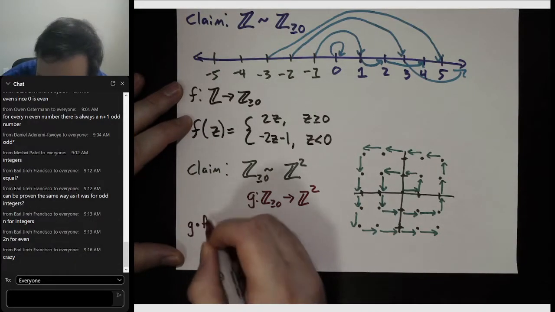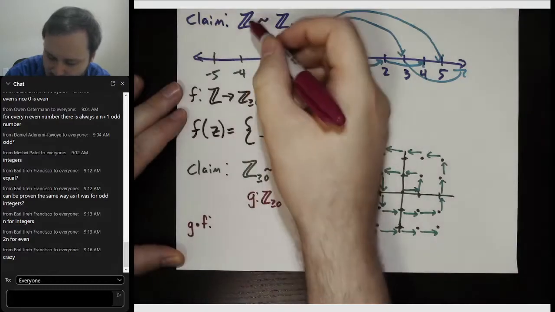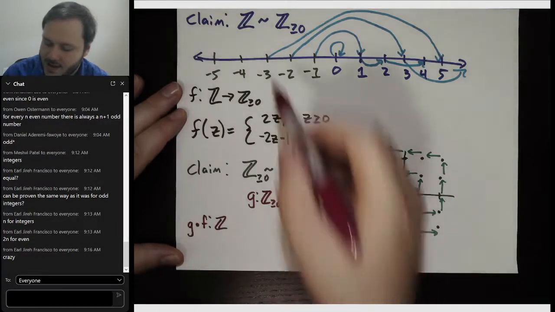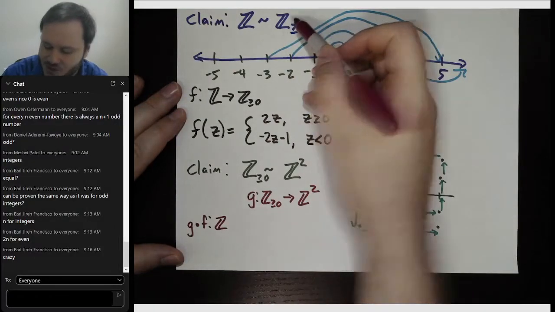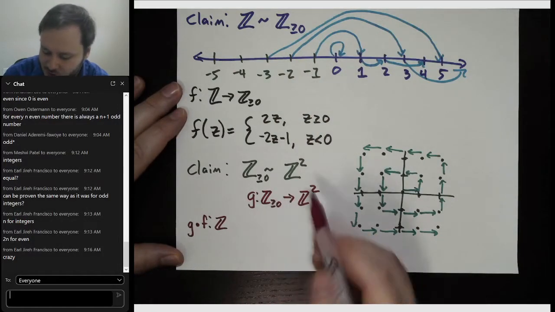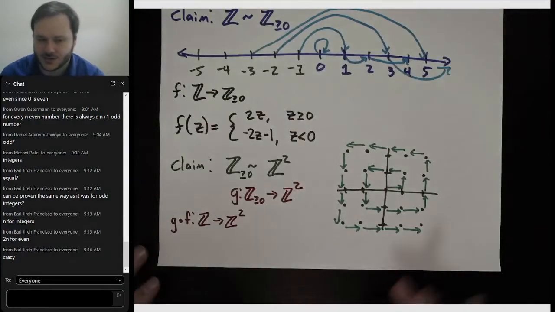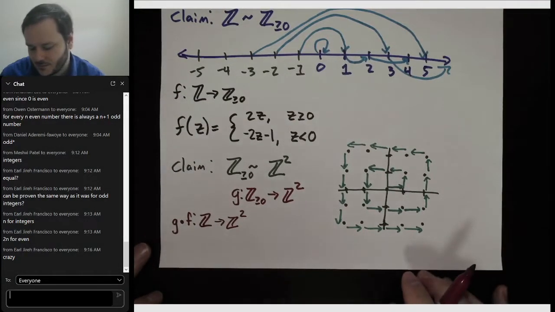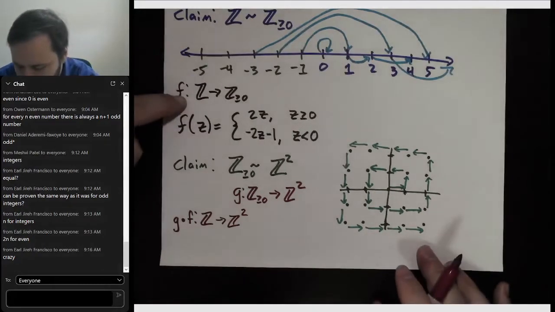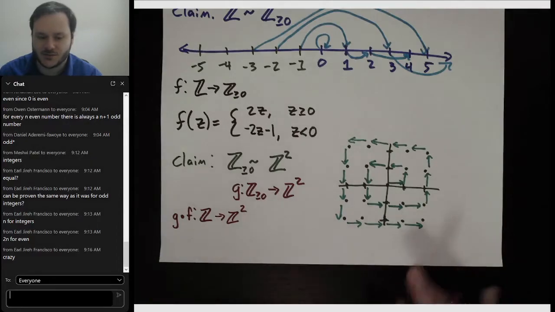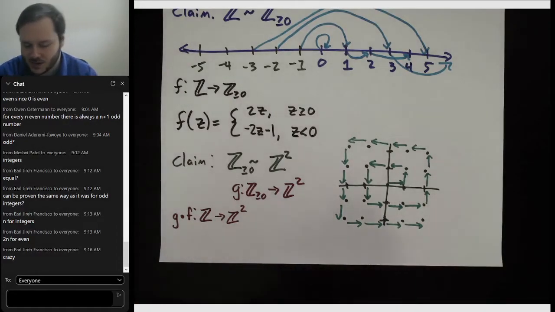G composed with f is a function where you input an integer, you get a non-negative integer, and then you input that non-negative integer into g, and you get out a pair of integers. And since this was a bijection and this was a bijection, we showed that if you compose two bijections, you get a bijection.